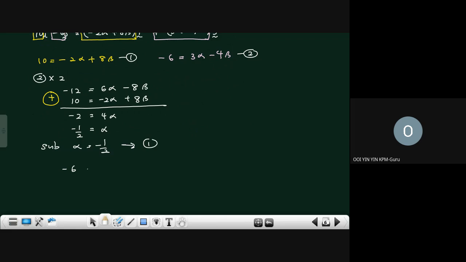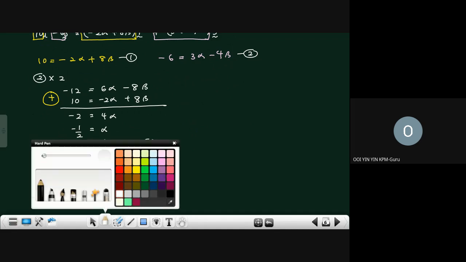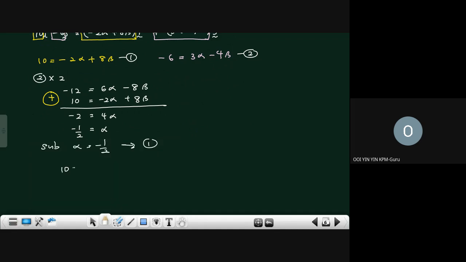Then here also change to equation 1, 10, right? Start with 10. So it's 10 equals to negative 2 times alpha, negative 1 over 2, and then plus 8 beta. Why did I say easy here? Because your 2 and 1 over 2 can cancel, right? Then negative becomes positive.